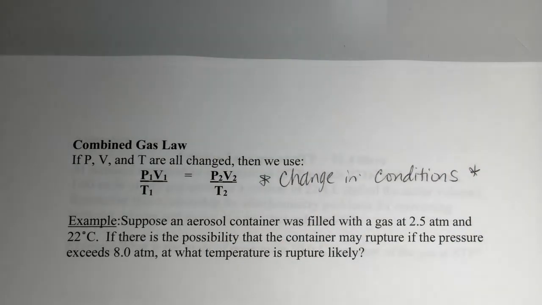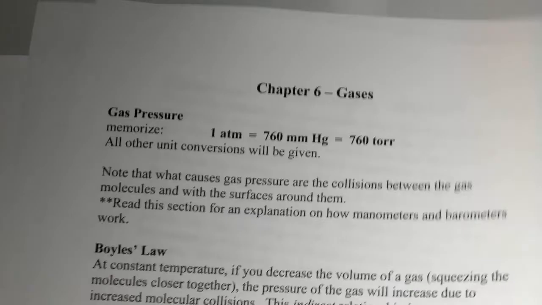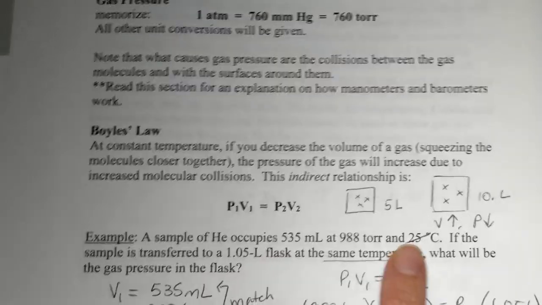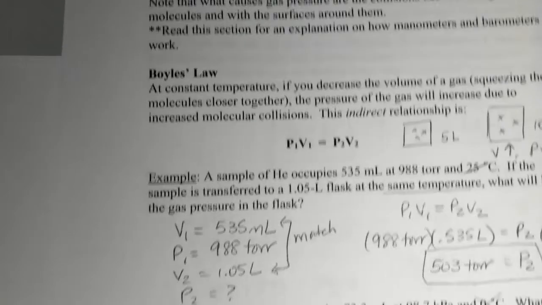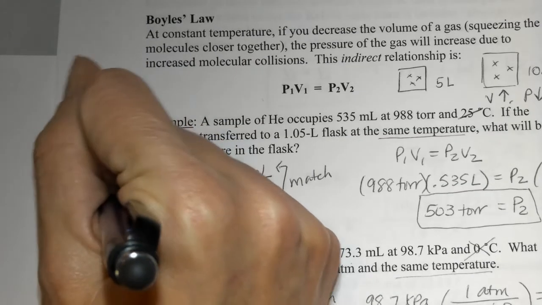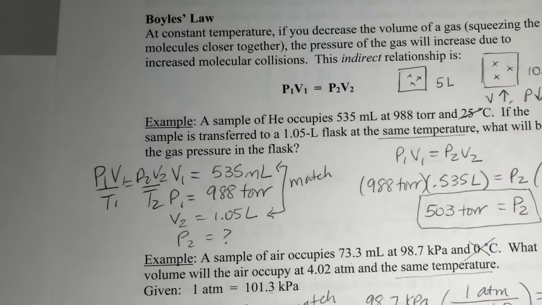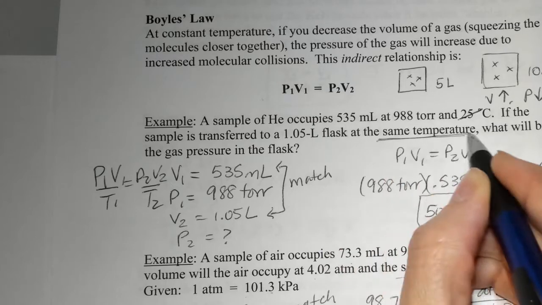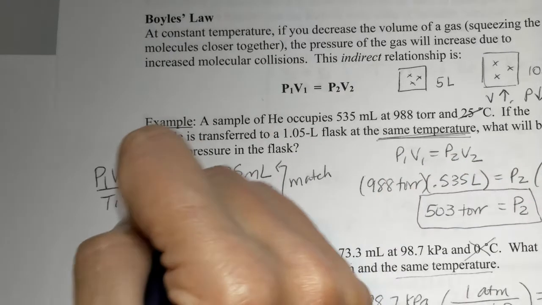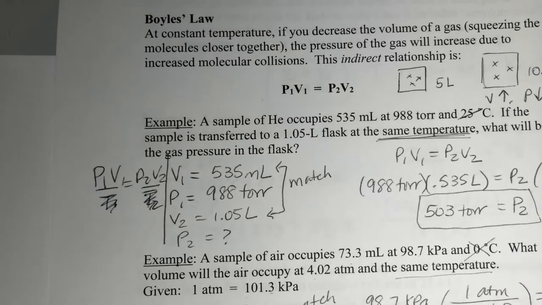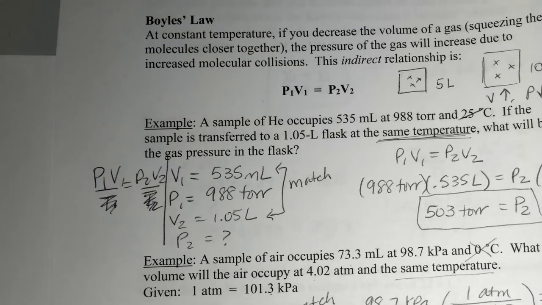And so if I go back to the first page, right, I could have approached this first example problem with that formula, right? So if I was looking at that first example, P1 V1 over T1 equals P2 V2 over T2. And then when the question tells me that the temperature doesn't change, then I could just cross it out, right? Because I know it's not going to have any effect on my pressure or my volume.